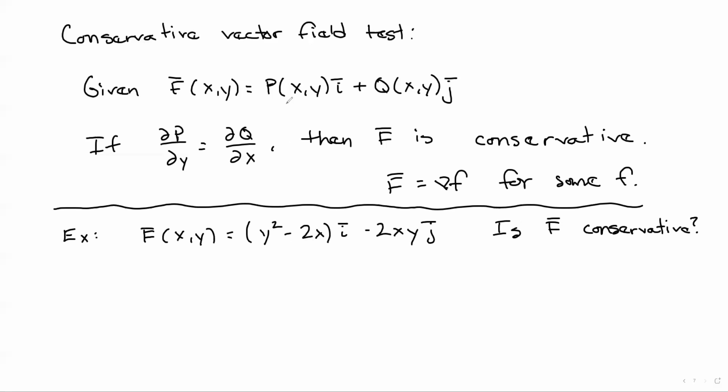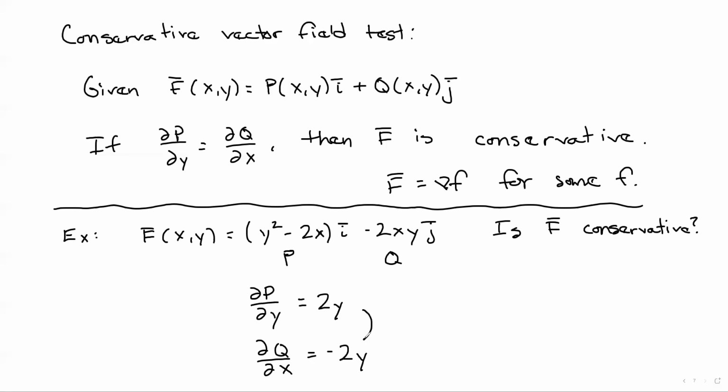To test for that, we label this P, label that Q. We take the partial of P with respect to y. So the derivative of this with respect to y is 2y. We take the partial of Q with respect to x. Take the derivative of this with respect to x, you get negative 2y.